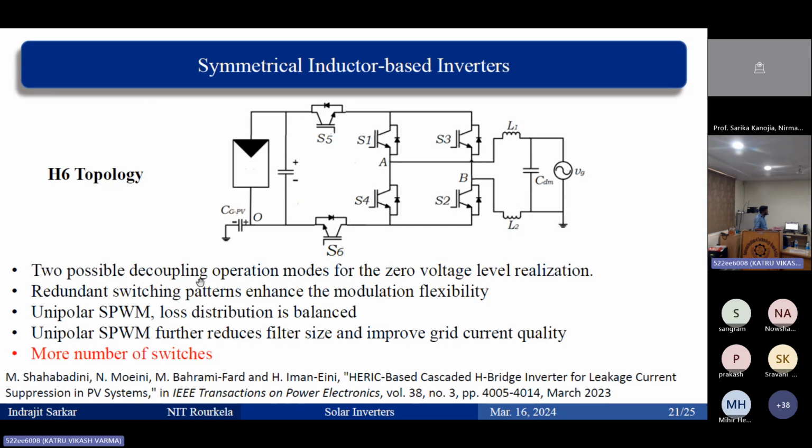So two possible decoupling operation modes are possible for the zero voltage level. Either you use this switch or this switch during zero voltage switching. So a redundant switching pattern is added to your converter, which enhances the modulation flexibility. Now the unipolar SPWM loss distribution is balanced, and since we are using unipolar SPWM, the filter size is reduced. Definitely, more switches are there.